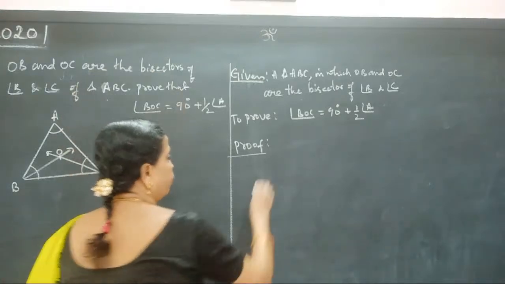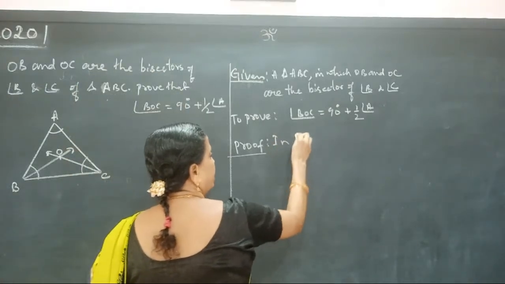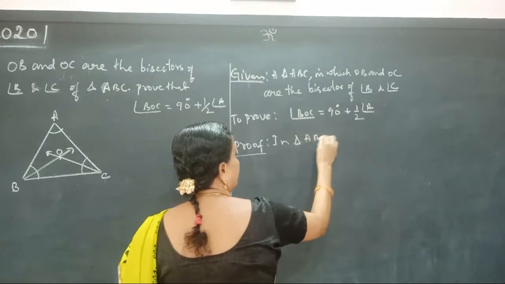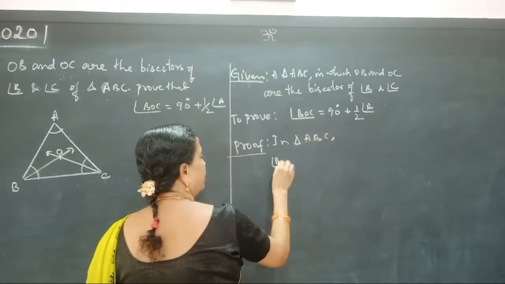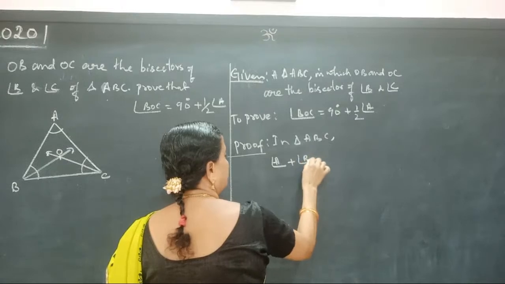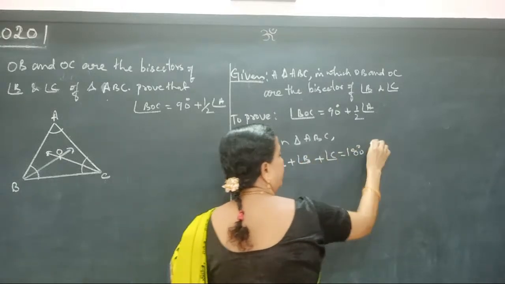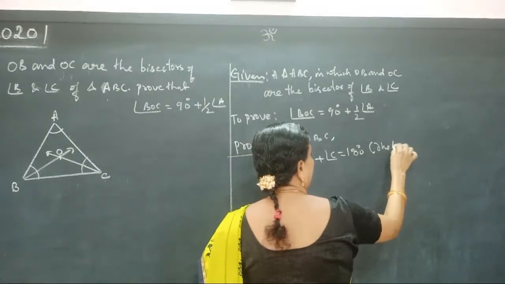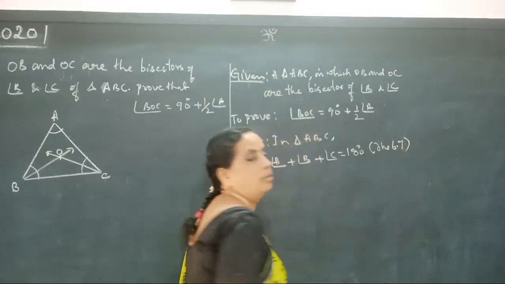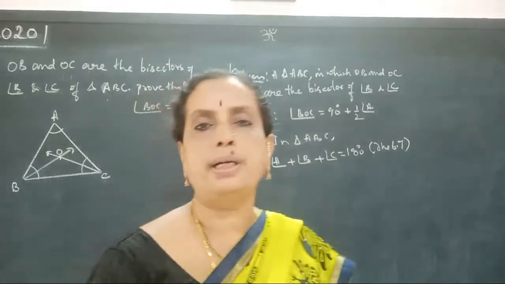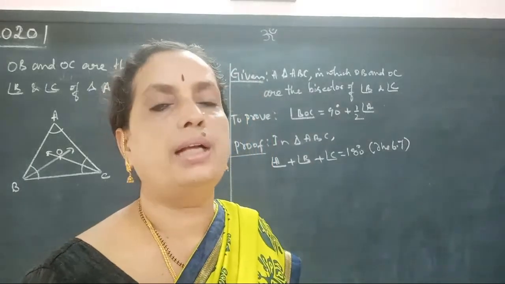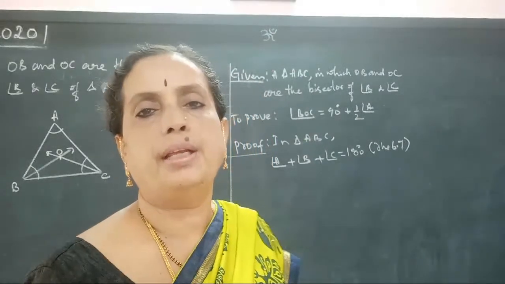Proof. In triangle ABC, angle A plus angle B plus angle C equals 180 degree. What is the reason? According to angle sum property, the sum of the three angles equals 180 degree.